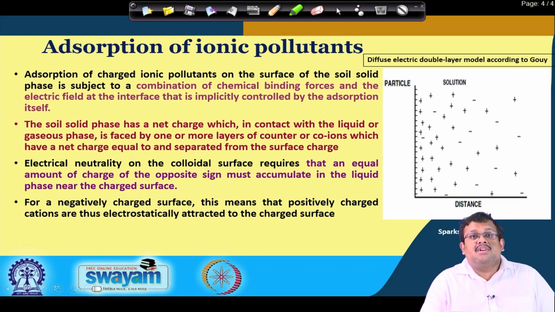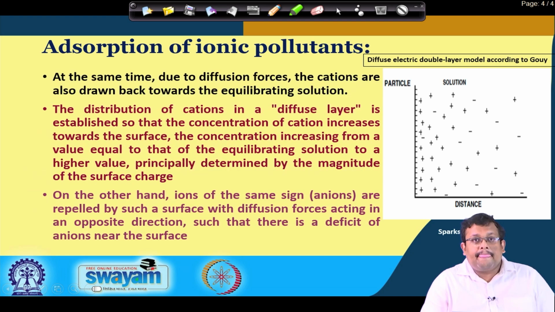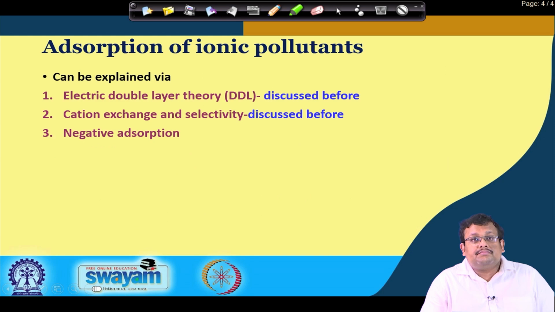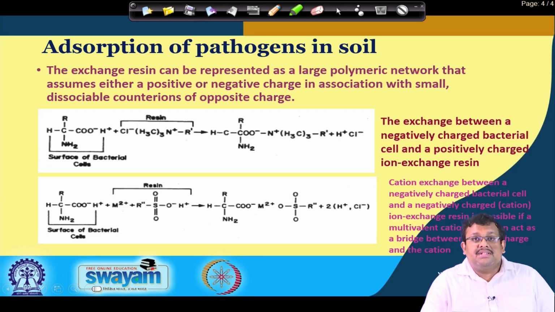Then we talked about the surface adsorption. We covered the adsorption of ionic pollutants. In defining the adsorption of ionic pollutants, we discussed the diffuse double layer, which we have already covered previously. Based on that, we also discussed the negative adsorption and also adsorption of pathogen in the soil.